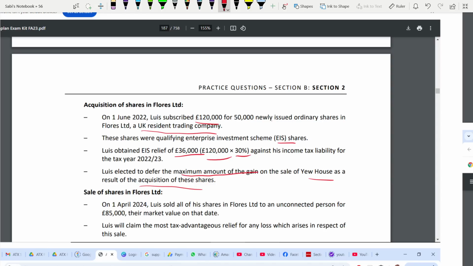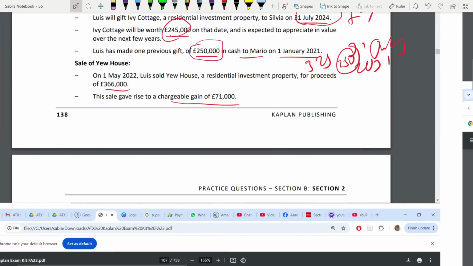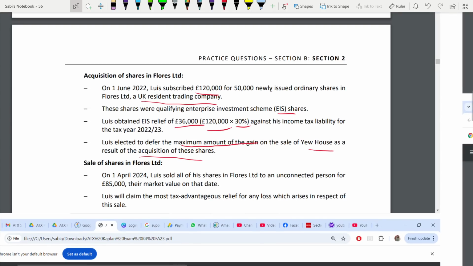Rather than charging it to CGT, it will be deferred because he's going to acquire these shares, and these shares are EIS shares. So you can defer your gain. Already the chargeable gain on the house has been given as 71,000. So now when you're selling the shares, you're selling them to an unconnected person for 85,000.